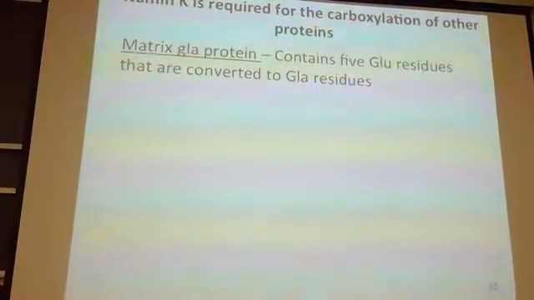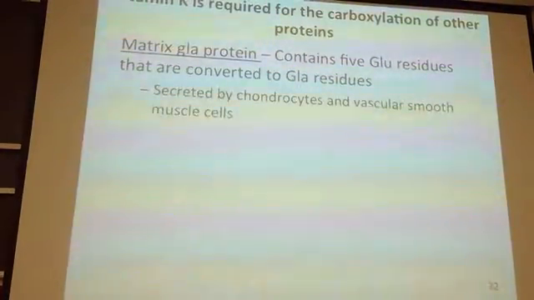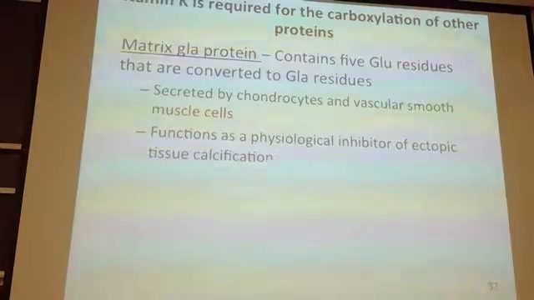The other protein that's been discovered to be modified is this matrix GLA protein. And it contains 5 glutamate residues in the N-terminus that are converted to these carboxyglutamate residues. This is secreted by chondrocytes and vascular smooth muscle. And it actually functions as a physiologic inhibitor of ectopic tissue calcification.